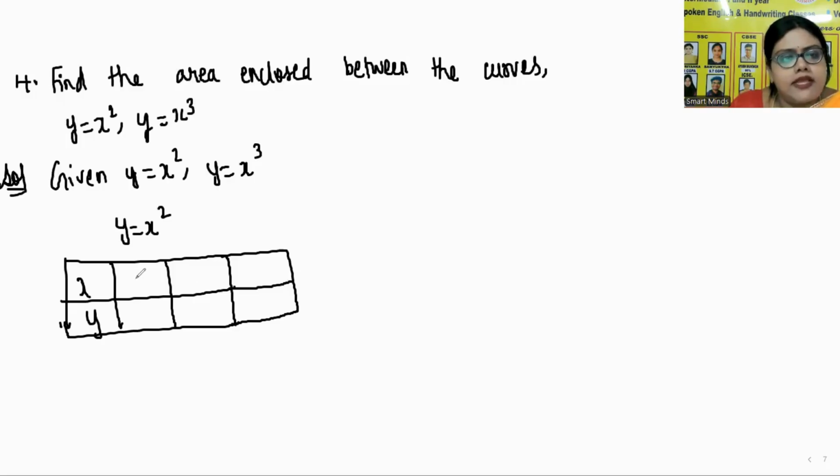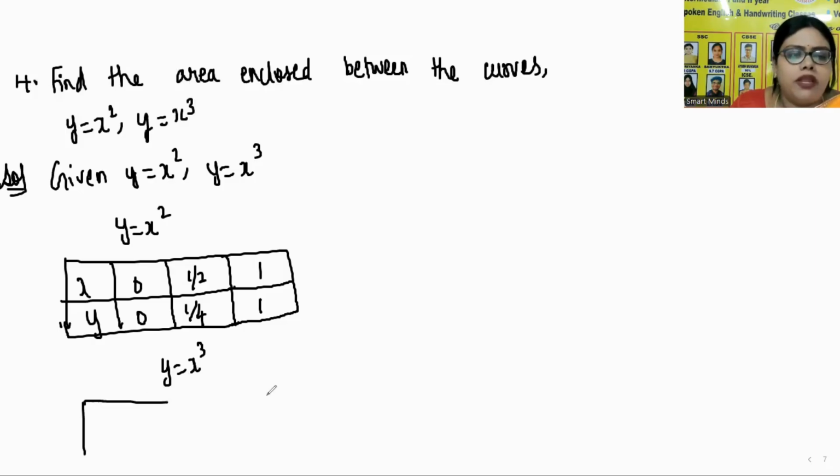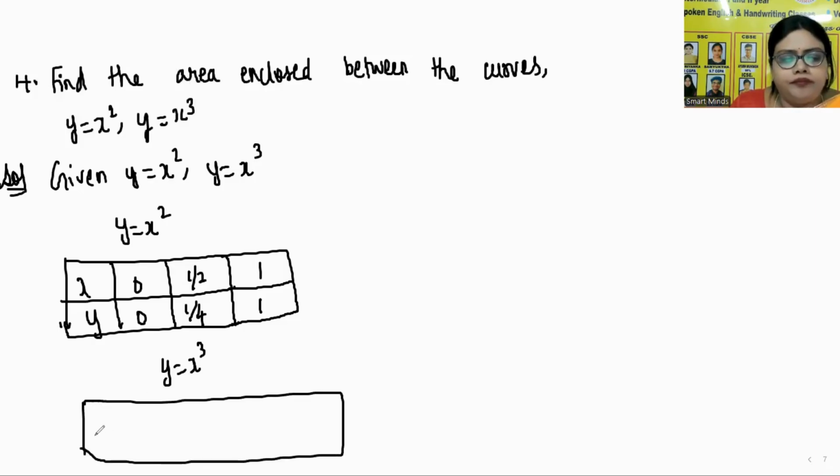If we take x as 0, y is 0. If we take x as 1 by 2, y will be 1 by 4. If we take x as 1, y will be 1. And y equals to x cube also we will make a table, the same way. X, y, 0, 0. 1 by 2, 1 by 8, 1 and 1.